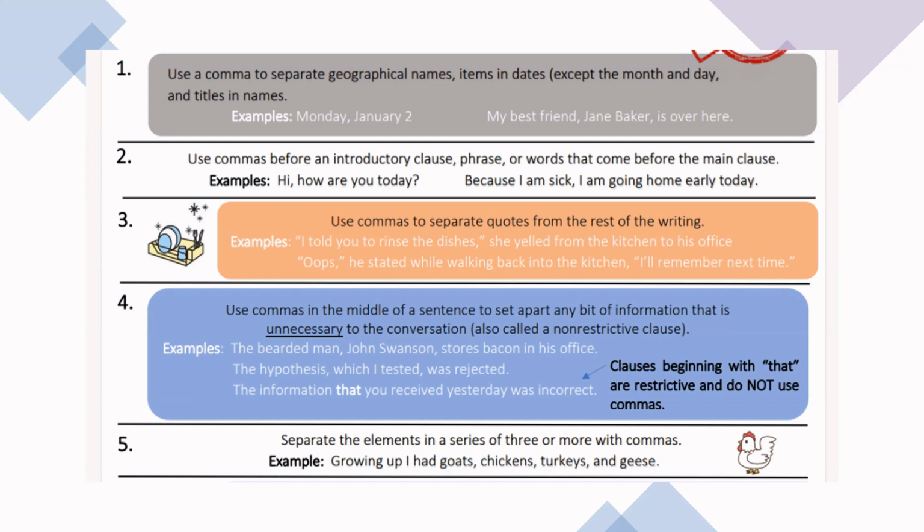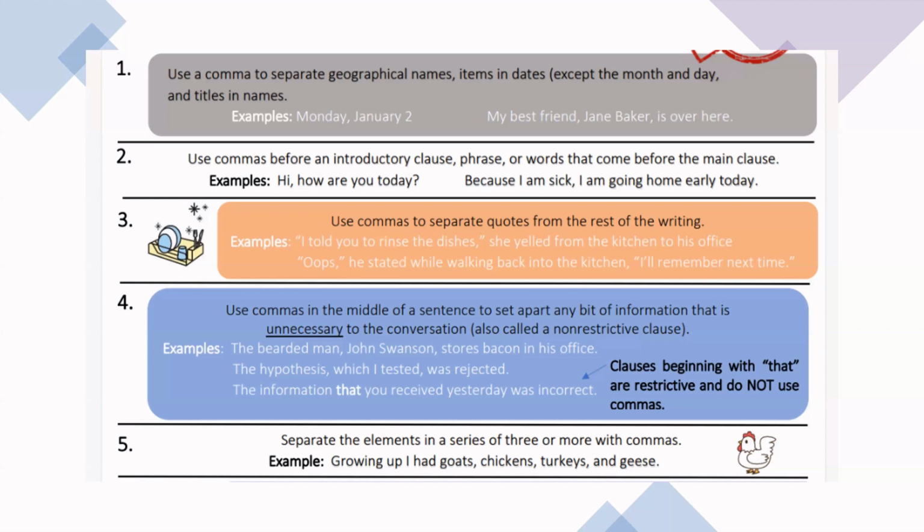All right. Use the commas in the middle of a sentence, it's basically to separate information that is not important or not necessary to the conversation. Again, this goes back a little bit to number one. The bearded man stores bacon in his office.